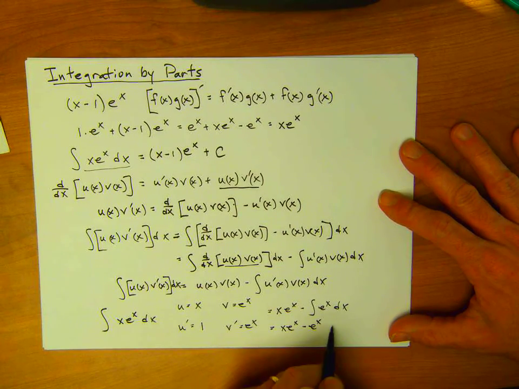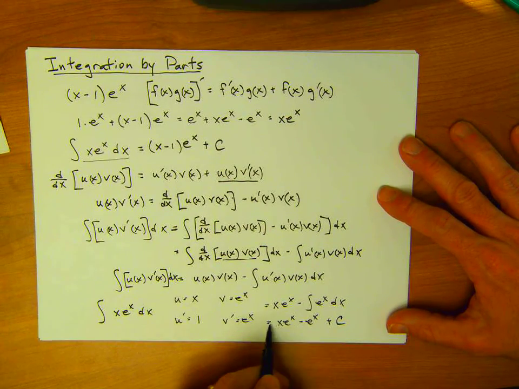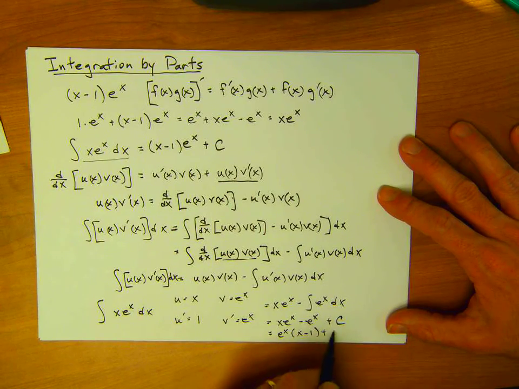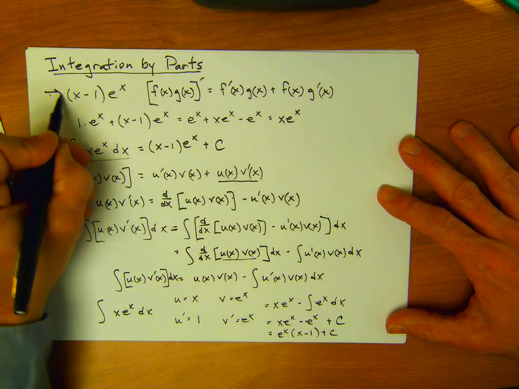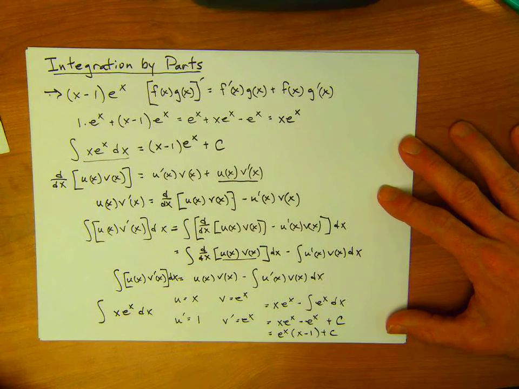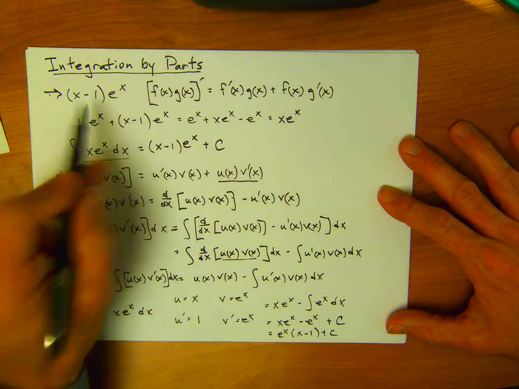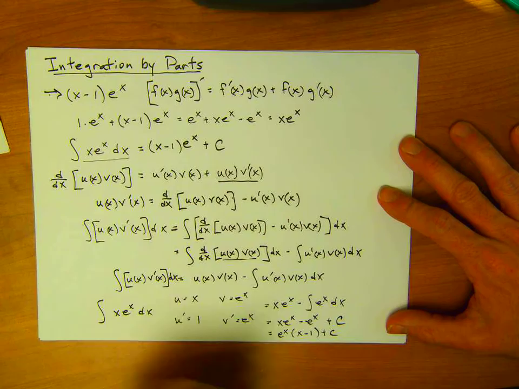And then, because this is an antiderivative, I need to add on a plus c. Notice now here, if I factor out an e to the x, I'm left with what I started with up here at the top. Well, not exactly, but it's the same, right? I have the e to the x here first, but that's generally how that works.